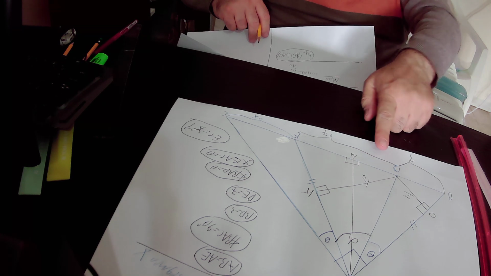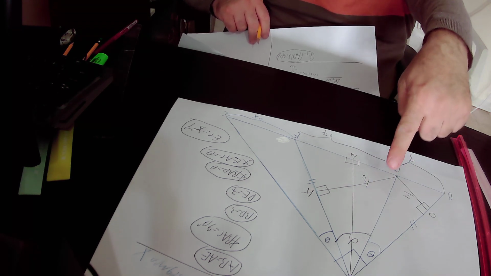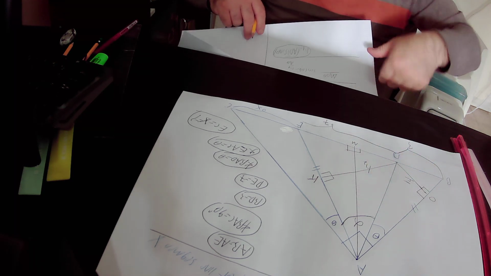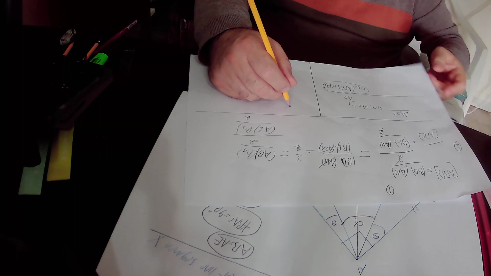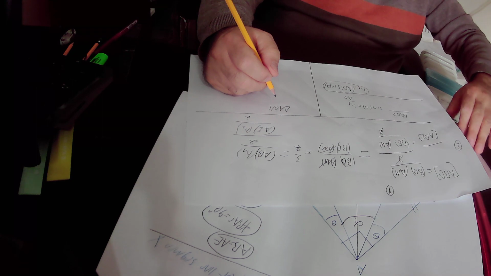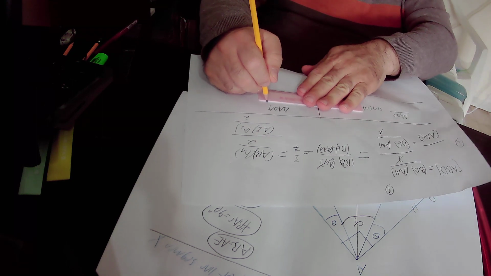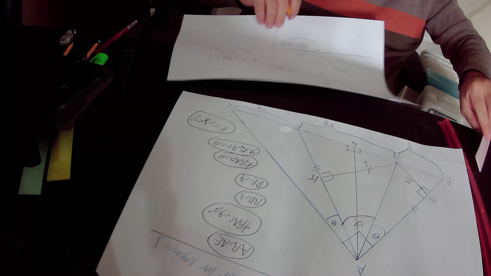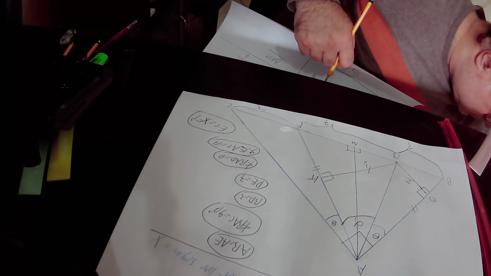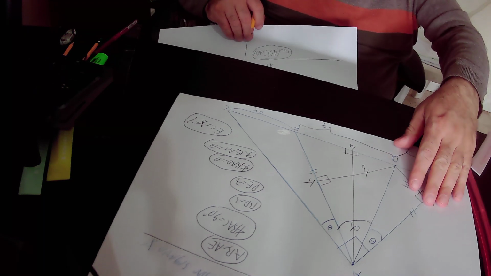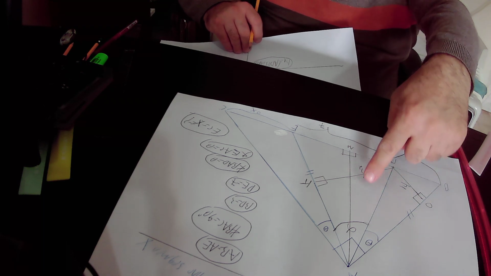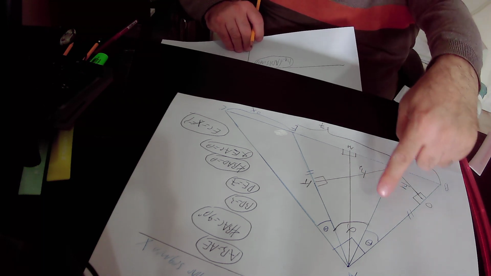So in the right triangle ADK, here in the right triangle ADK, sine alpha will be equal to edge 2 over AD.